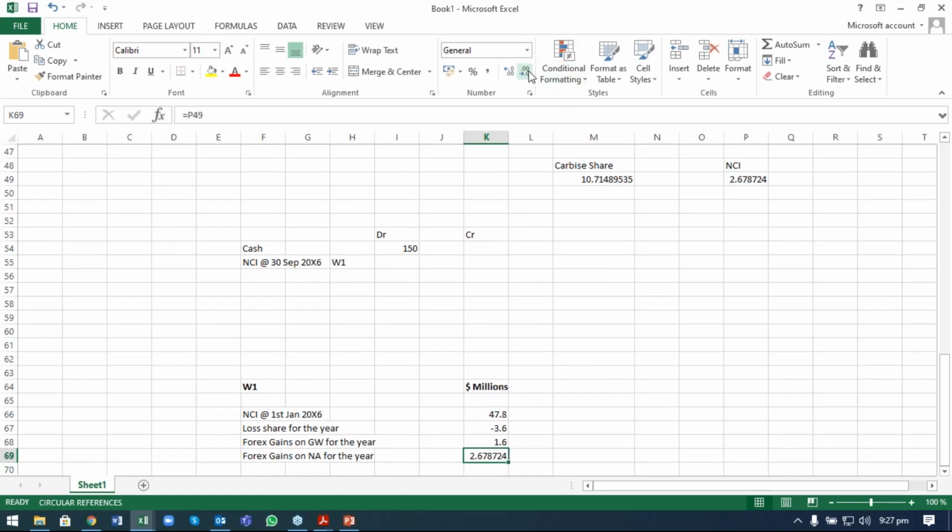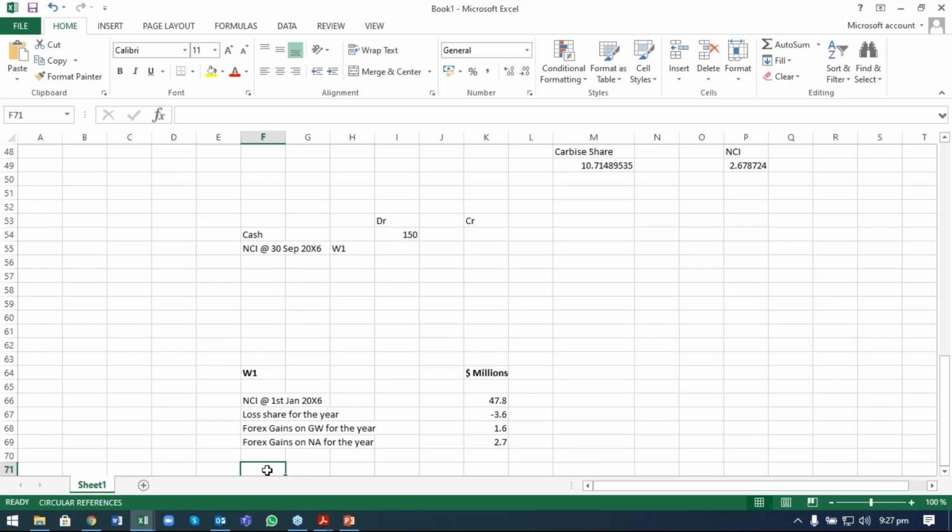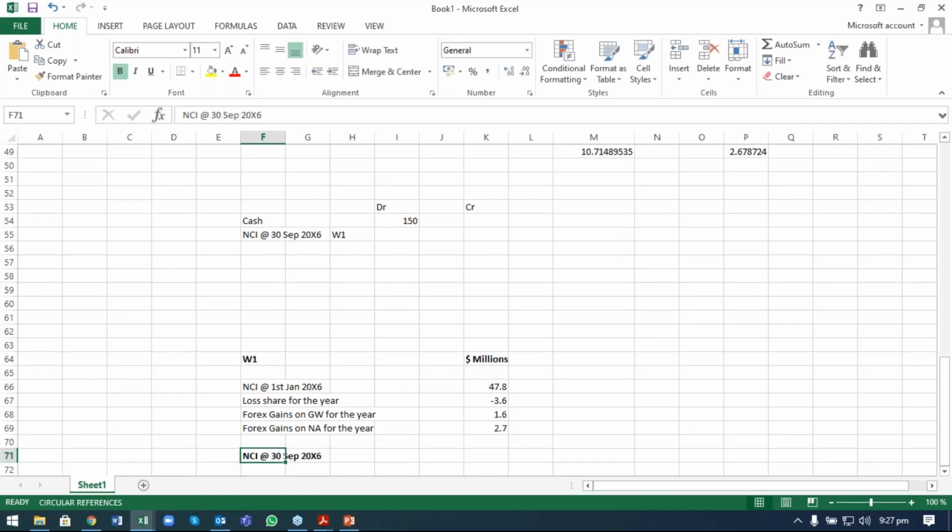I'm going to round this one, and what would be the NCI at disposal date? NCI at 30th September 20X6 would be, this total value is 48.45, so 48.5. So I have to debit this value, right?